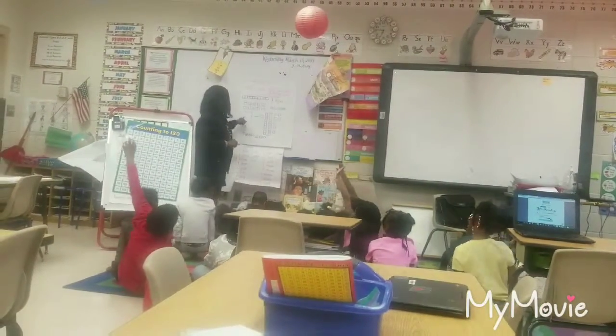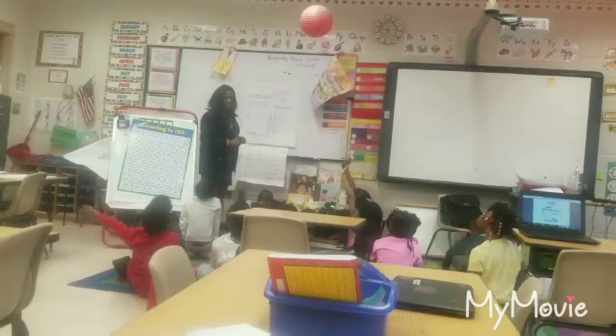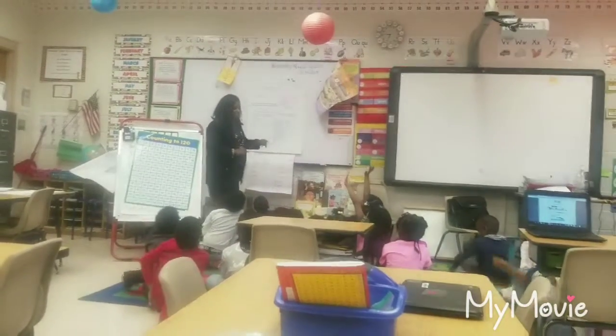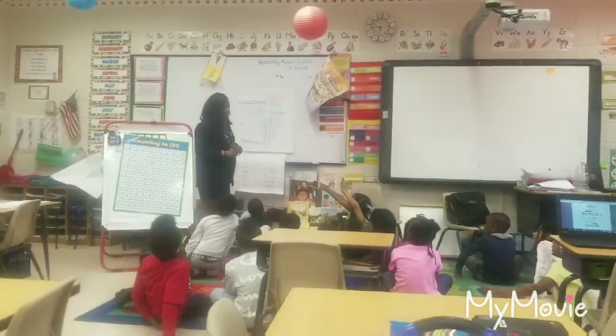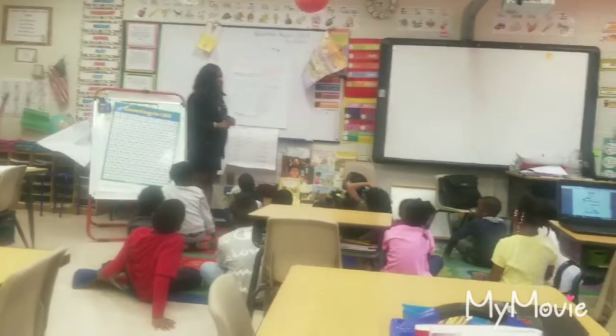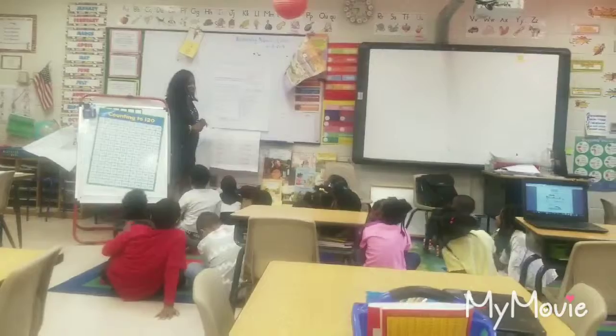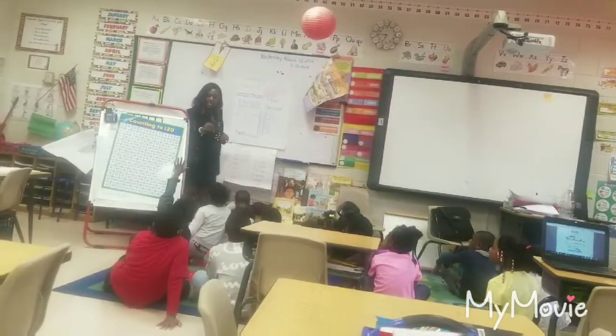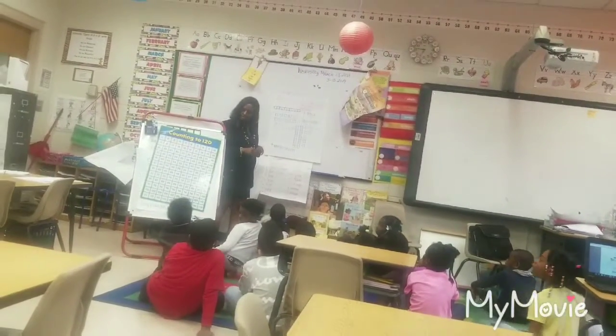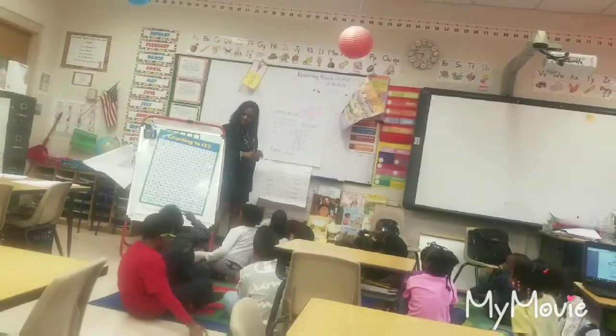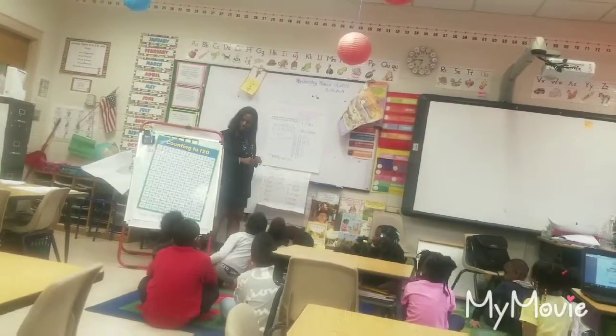What's another name for this and this? Those are ones, those are tens. They are ones and tens. I'm talking about 2 and 7. Those are also called digits, and they're also called what, Chase? 2 tens and 7 ones.